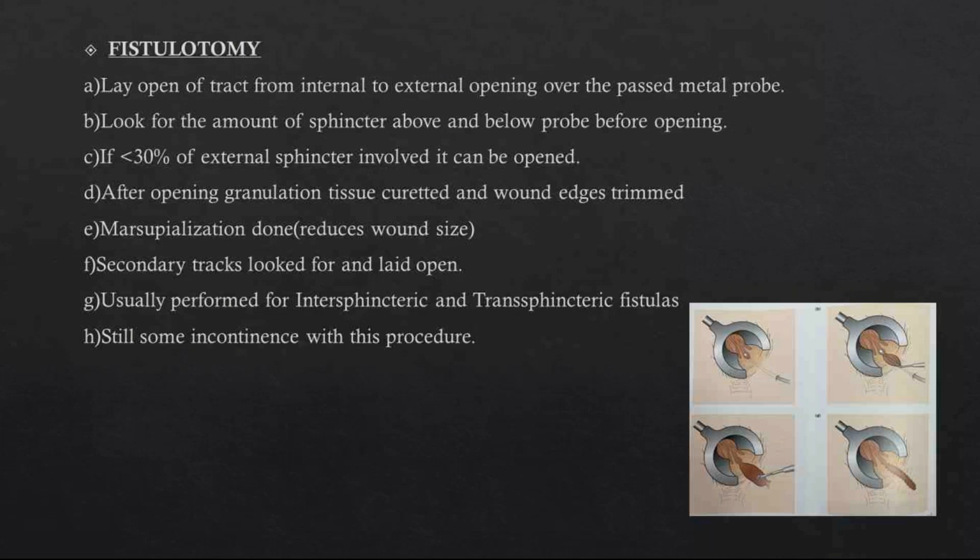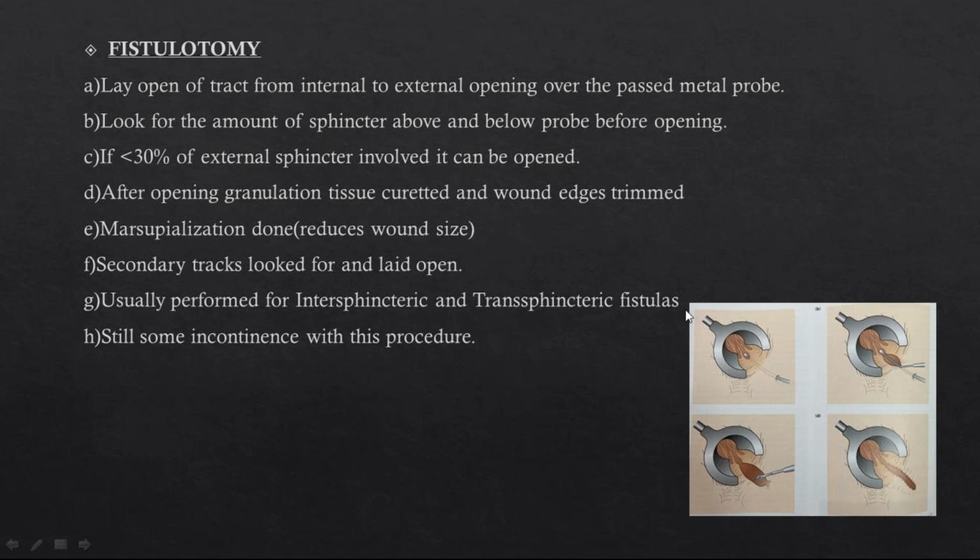Okay. So fistulotomy means laying open of the tract. See here you can see there is an internal opening and an external opening. A probe is passed from the external opening to the internal opening, and over this probe you open the tract.